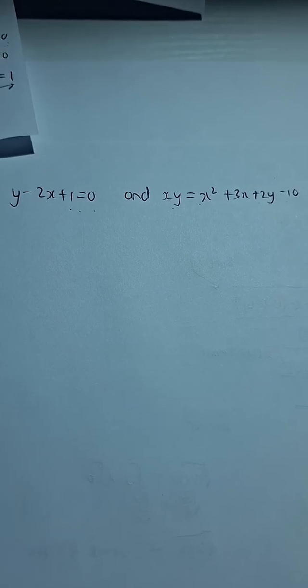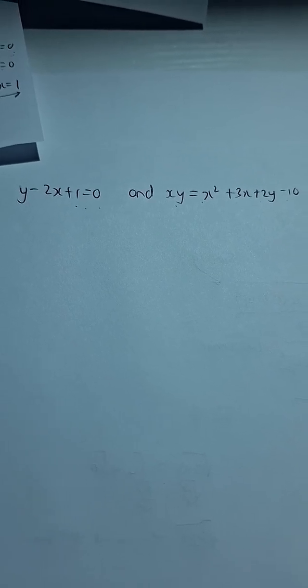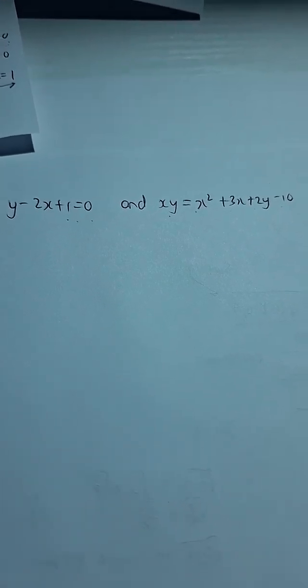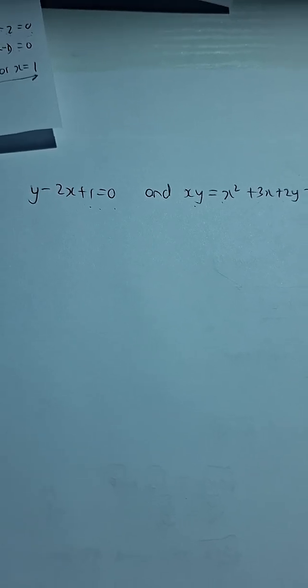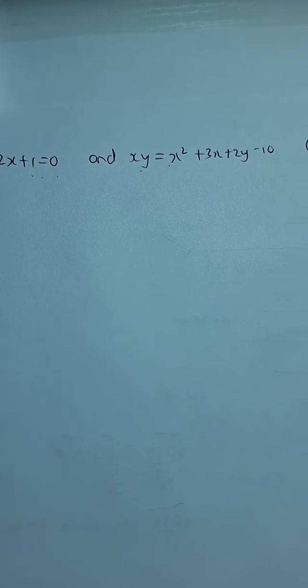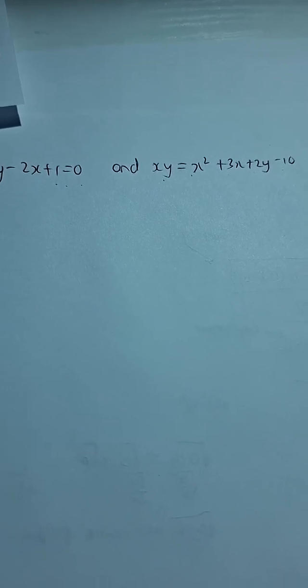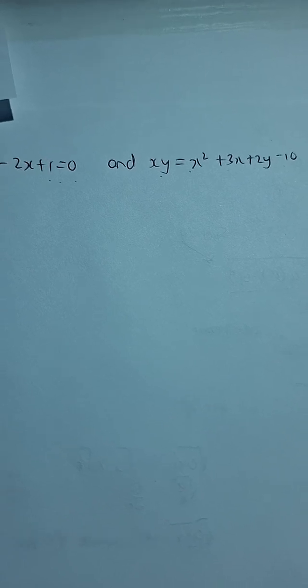Because in that question, the simultaneous equation was a word problem. It was one of those that required you to interpret algebraic language, where they're saying the sum of 2 numbers is this, and 5 times the product of x and y is equal to 5 more than x squared.